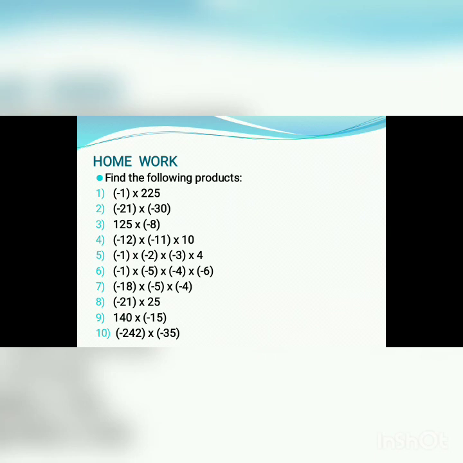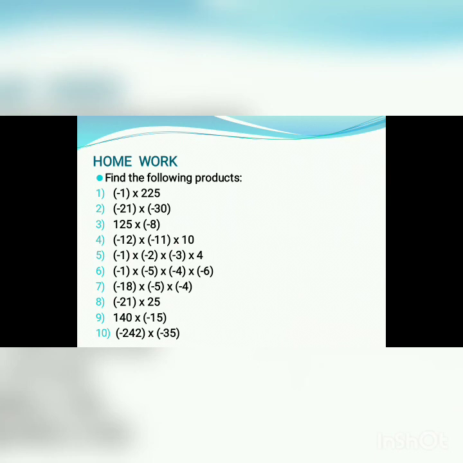Then negative 21 into 25, then 140 into negative 15, then negative 242 into negative 35. So these are the 10 homework questions that I am giving today. So you have to find out the answers, write them down in your notebook and submit your notebook on time. That means the next day before 6 p.m. to me in the class group, that means in the mathematics group, 7th standard mathematics group.